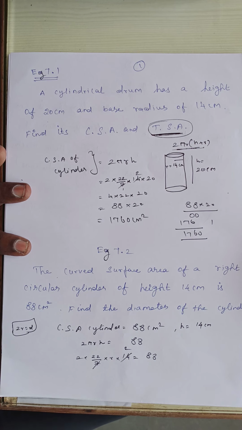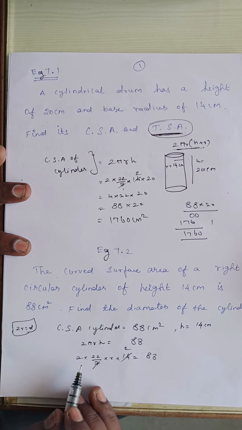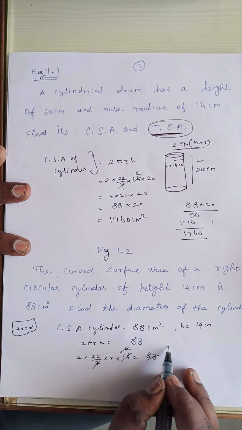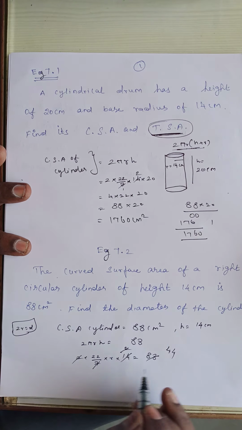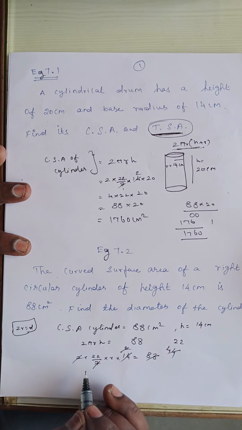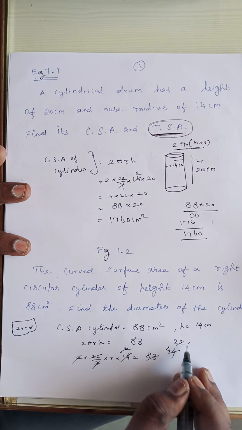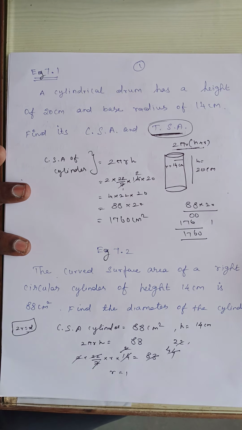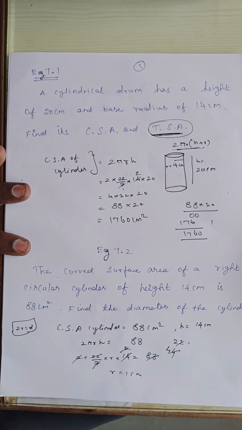Again 2, it is 1 time, 44. Then 1 time 22. Then both cancel, 22 and 22. Therefore R equal to 1, that is radius equal to 1 centimeter.